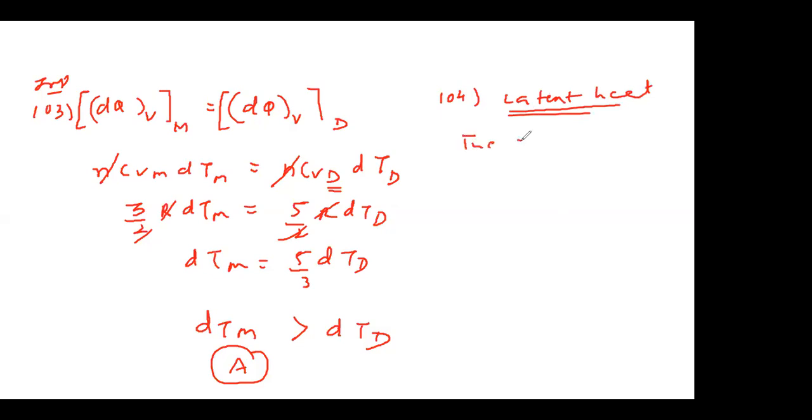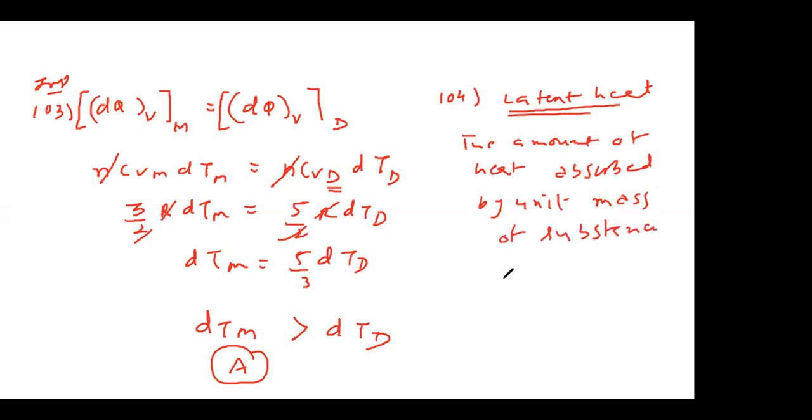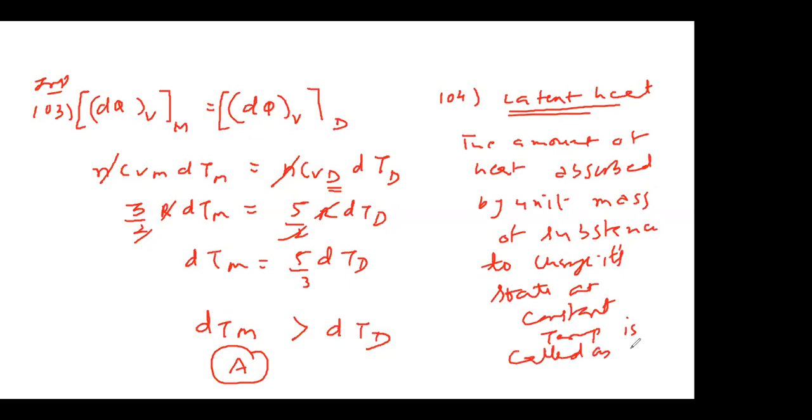The amount of heat absorbed by unit mass of substance to change its state at constant temperature is called latent heat.